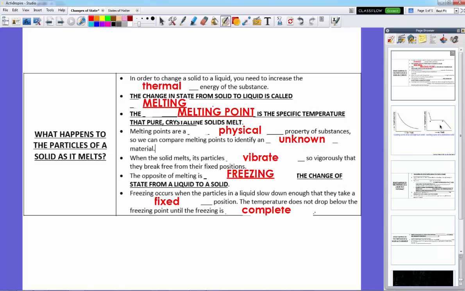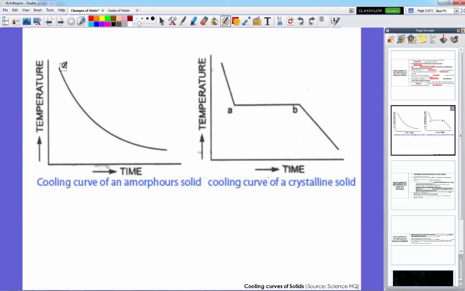So if we go back to this, an amorphous solid just gets solid, and it continues to stay solid as the temperature goes down. However, a crystalline solid will be a liquid until it gets to this point, and it'll stay at this temperature until all of it has solidified into a solid, and then it'll start cooling off again.